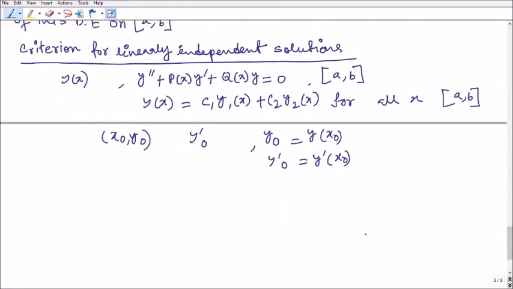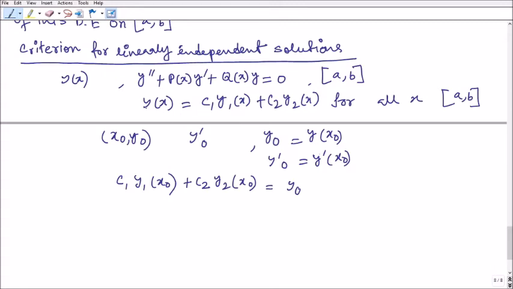So for these values we can calculate c1 and c2. We can write this expression for these two values. At x0, c1 y1 at x equal to x0 plus c2 into y2 at x equal to x0 is equal to y0, that is y at x0.